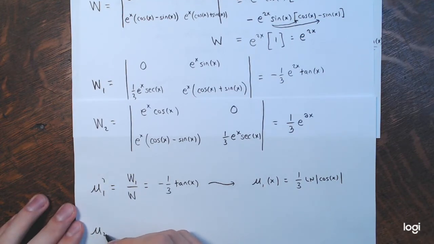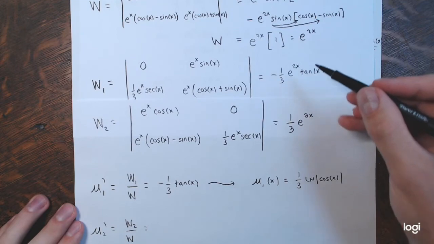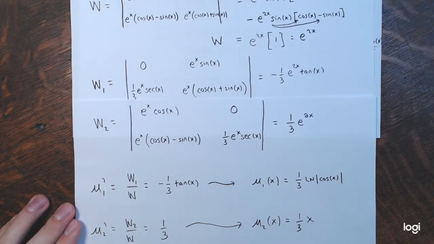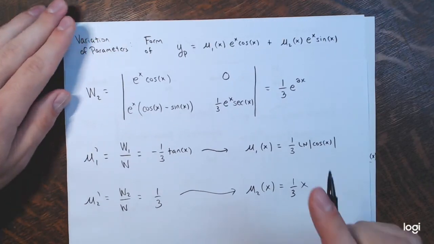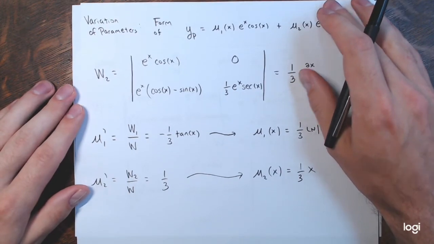And U2 prime is W2 over W. W2 is 1/3 e to the 2x divided by W, which just gets rid of the e to the 2x, is simply 1/3. And this makes this even easier. So U2 of x is just 1/3 x. And then putting those back into my form of the particular solution to this equation, we get yp.